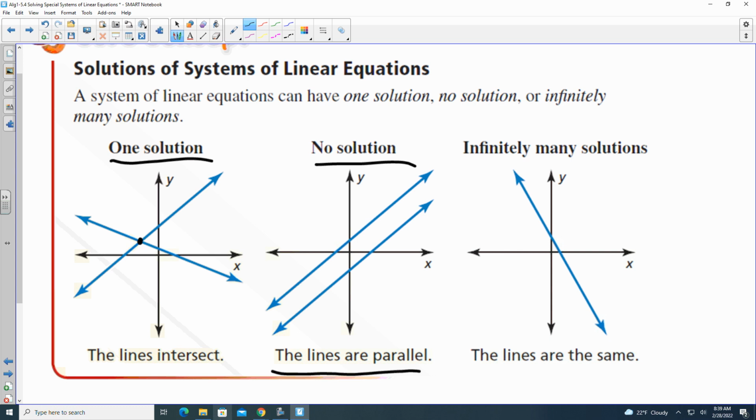Finally, the third type of system is where both equations just so happen to be the same line, and that means you can get an infinitely many solution system for your result. So these are the three different types. You can get one solution and solve it just like how we've been solving these systems. You can get no solution, or you can get infinitely many solutions.